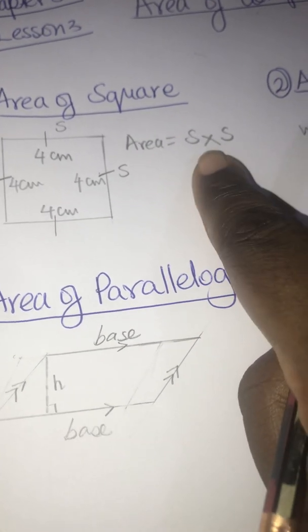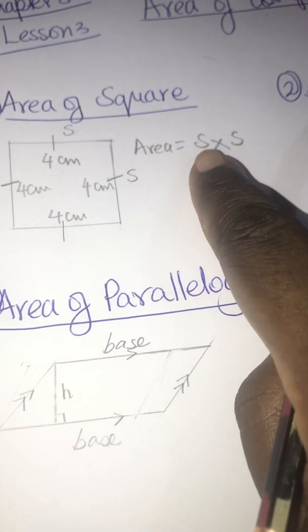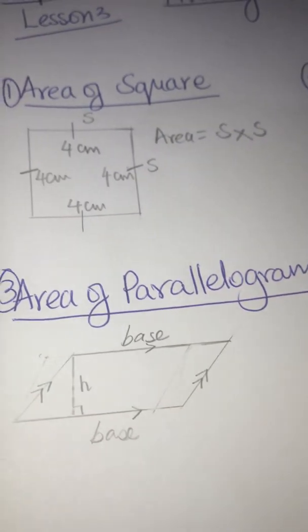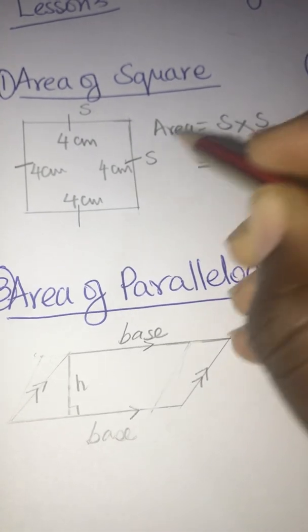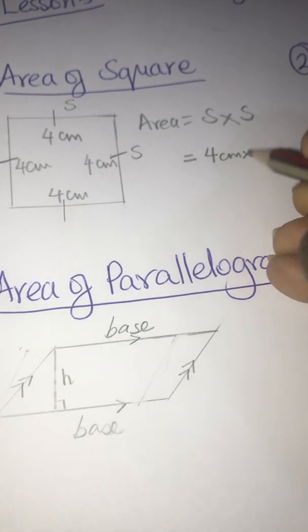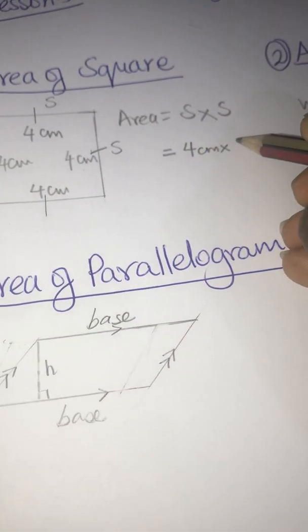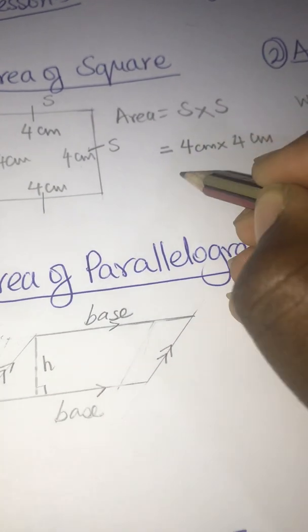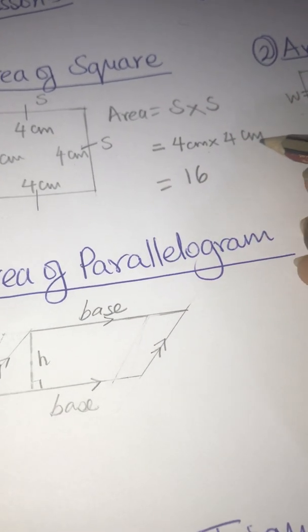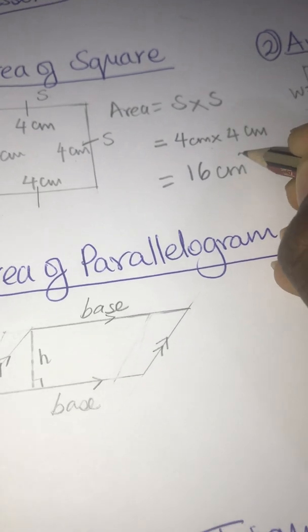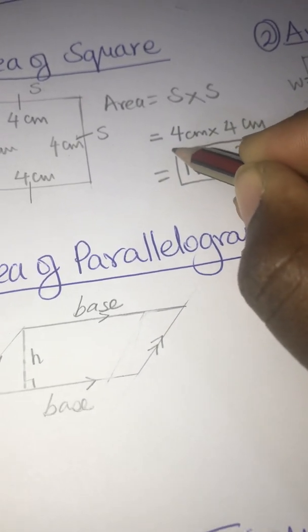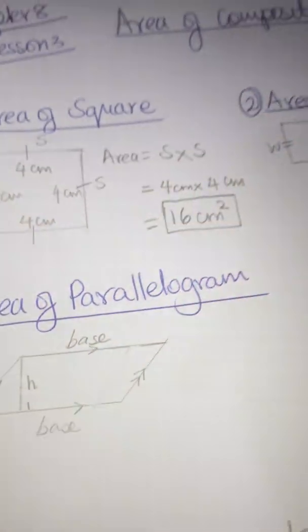That's the formula for finding area of a square. When you see S times S, you know we are talking about a square. So what is my side? 4 centimeters, and the other side is 4 centimeters. And 4 times 4 is 16, and centimeter times centimeter is centimeter squared. And this is the answer for the area of this square.